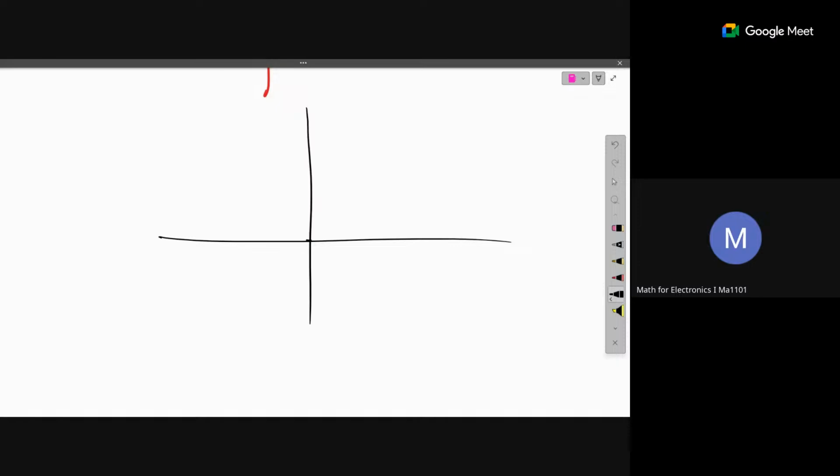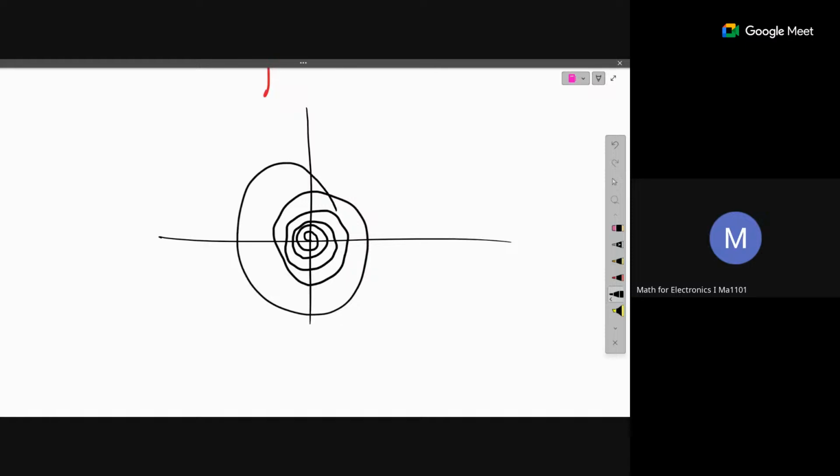Suppose I have a curve which goes like this, and it closes at some point here. Then using complex number theory, we can say that the integral over such a closed curve is nothing but 0. This is one of the theorems in complex analysis, known as Cauchy's formula.